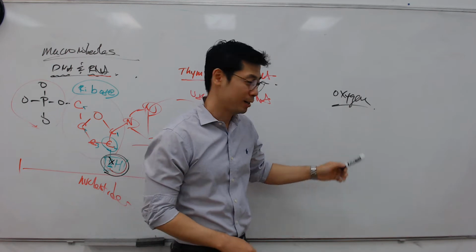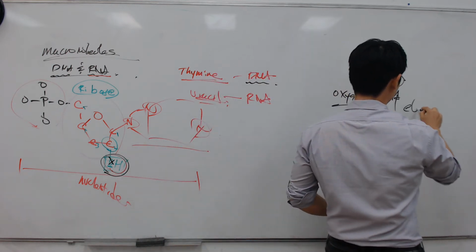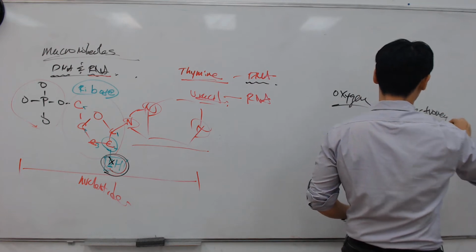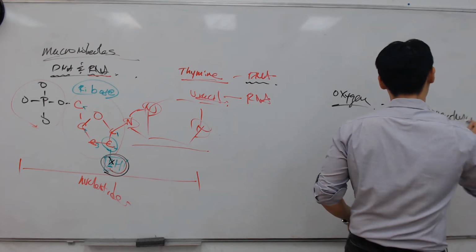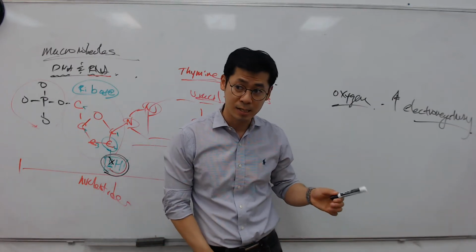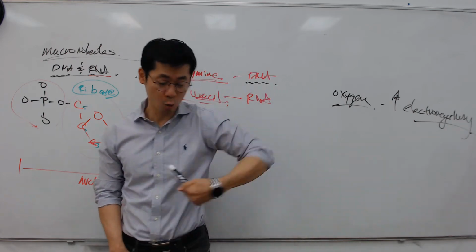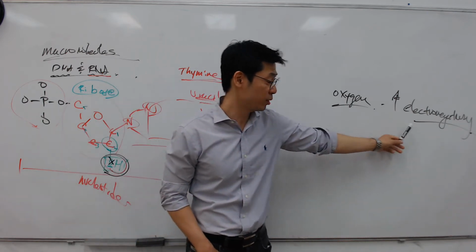Oxygens, what do they have? They have a high what? Electronegativity. They tend to gain electrons, like take away the electron, right? That's what electronegativity is.